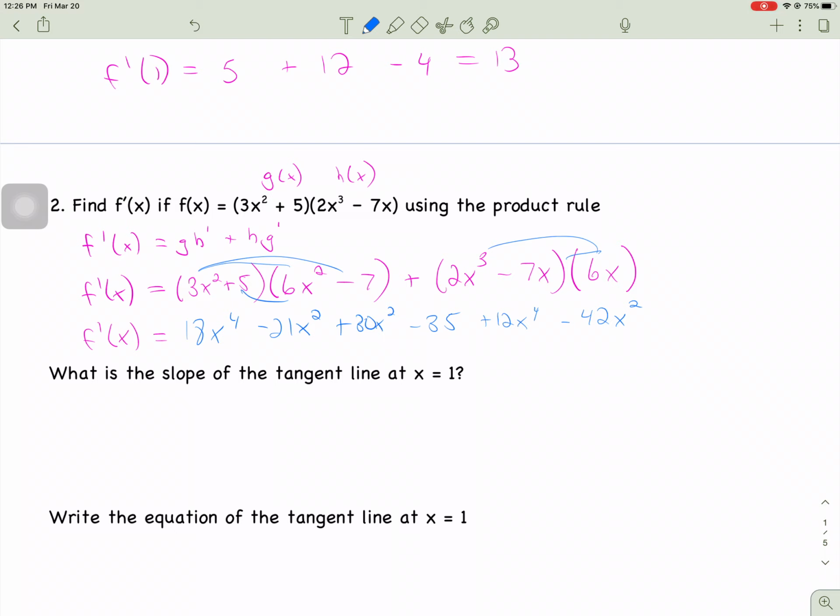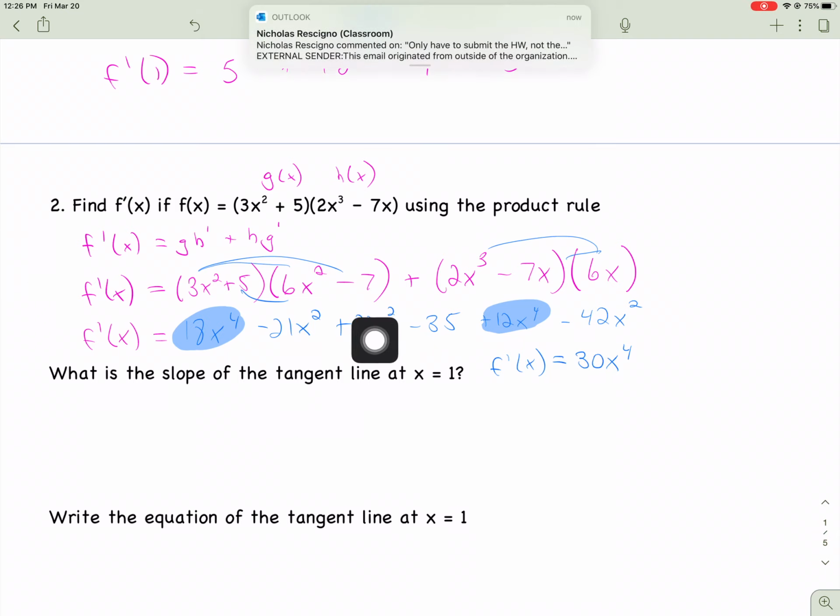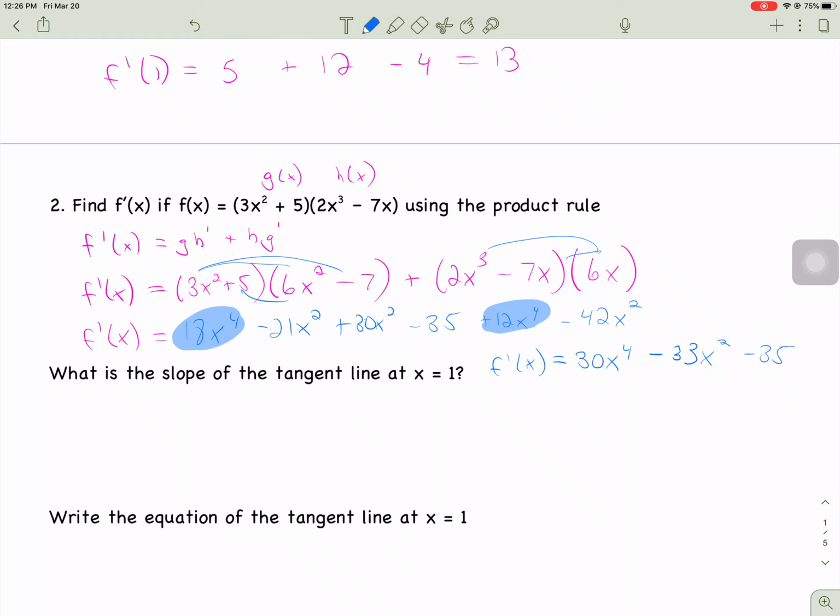Last step, combine like terms. So we get for the final derivative, 18x to the 4th plus 12x to the 4th, that's 30x to the 4th. No x cubes, all x squared, add the x squareds together, you get minus 33x squared minus 35.